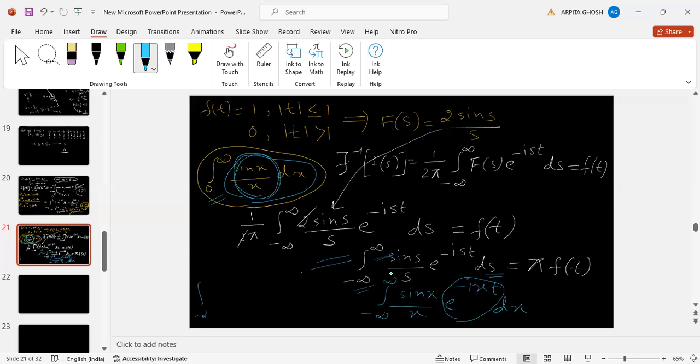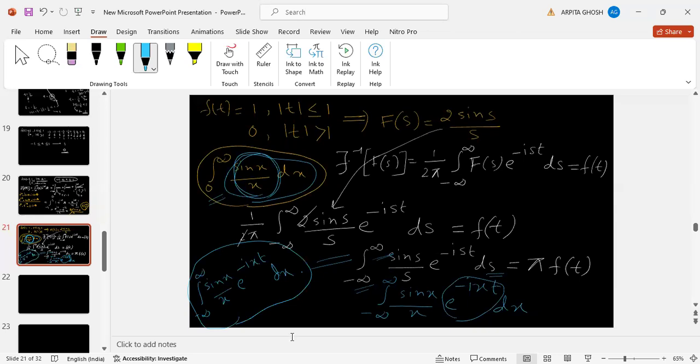We are having the expression for minus infinity to infinity sin x by x into e to the power minus ixt dx. This expression we have in our hand. Minus infinity to plus infinity integration sin x by x into e to the power minus ixt dx. This expression we have in our hand.